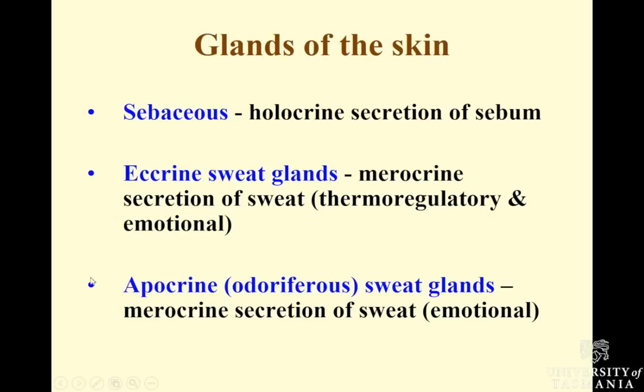The third type of gland is called the apocrine sweat glands, or sometimes referred to as odoriferous sweat glands because they produce body odour. We'll talk about that in a little while. Now, despite their name, and there's still controversy about this, so this may not be 100% accurate, they use merocrine secretion.